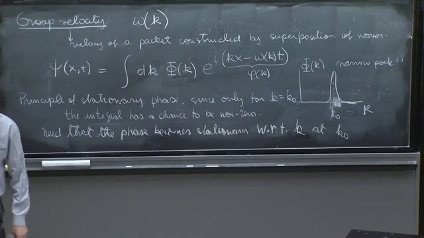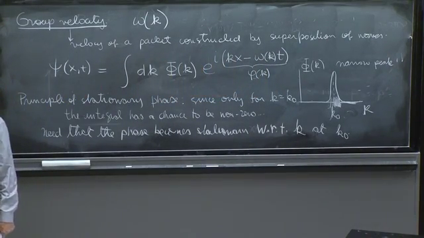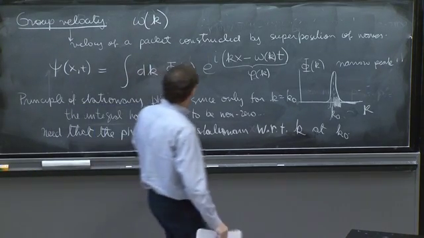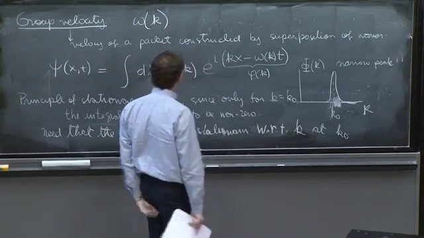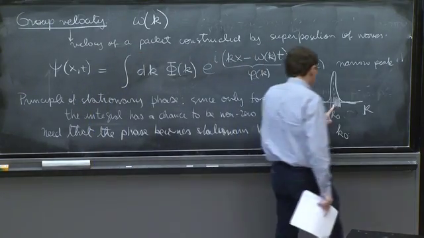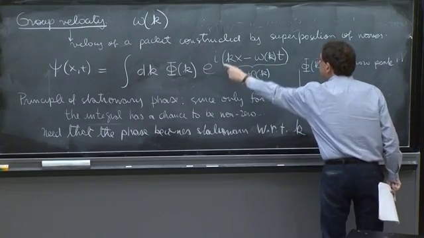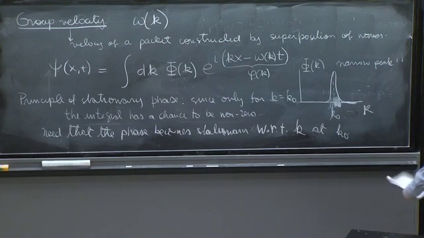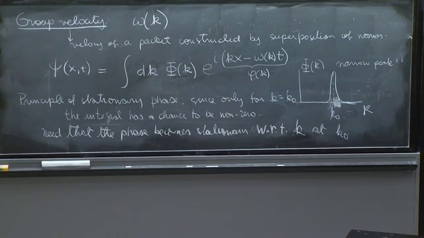So around k0 it better be that the phase doesn't change quickly. And the slower it changes, the better for your integral. You may get something. So if you want to figure out where you get the most contribution, you get it for k around k0, of course, but only if this thing is roughly stationary. So being roughly stationary will give the following result.